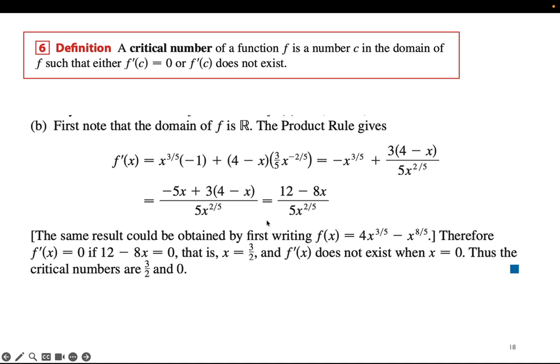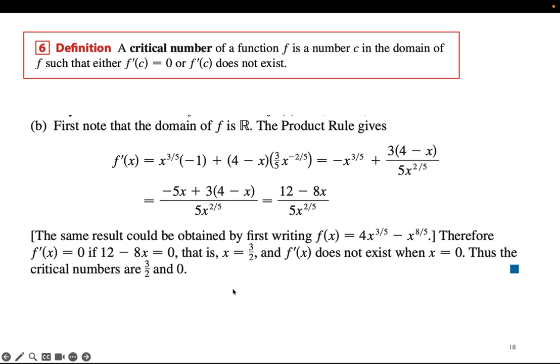So in this example, critical numbers happen when the numerator is 0 or when the denominator is 0. And so the two critical numbers are 3/2, which makes the numerator 0, which means the slope is 0, and when x is 0, f prime does not exist because you're dividing by 0. So those are two critical numbers.